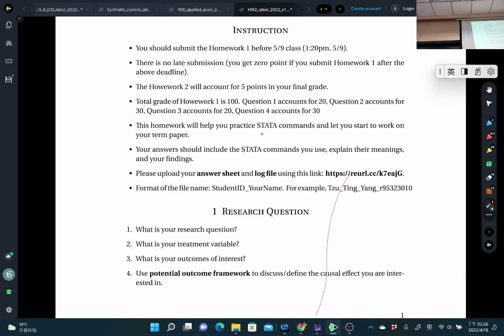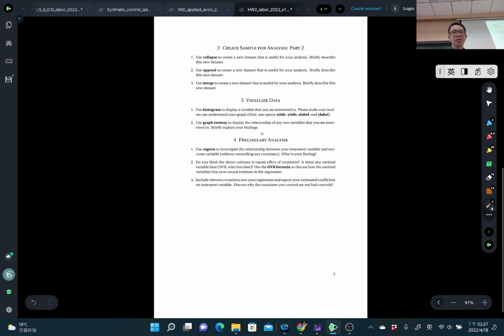You can use the potential outcome framework to define the causal effect you are interested in. That is, you need to define your y1, y0, and the difference is the causal effect. Try to use this framework to formulate the question you want to ask. This is not really related to the data.